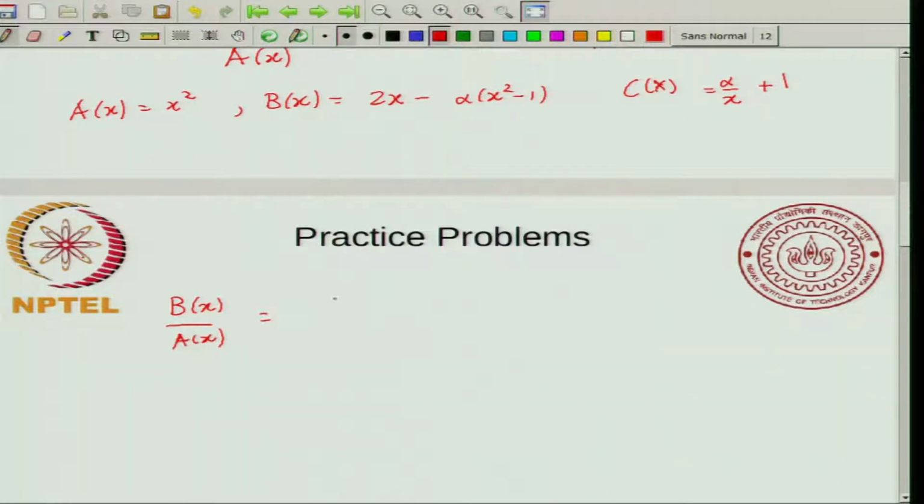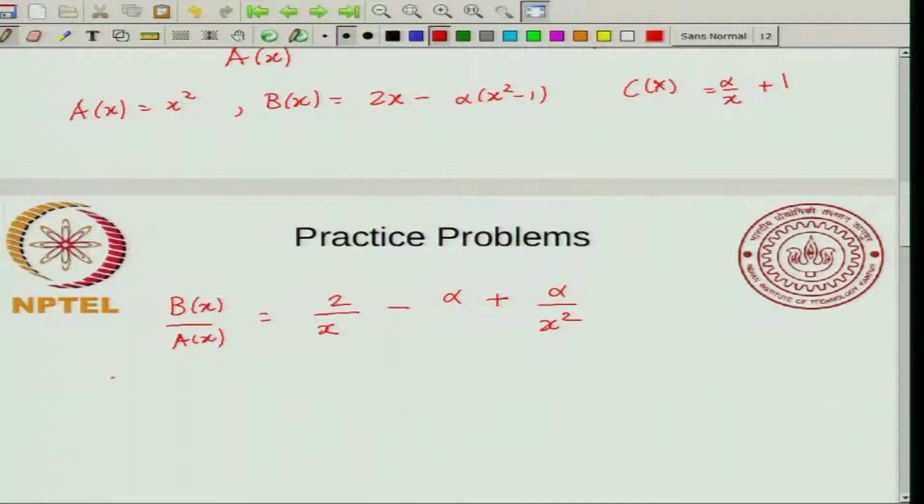That is equal to 2 by x minus alpha plus alpha divided by x square. So you have three terms. I just opened the alpha times (x square minus 1) and divided by x square, and I got these three terms. Now I deliberately wrote this in this form, and you can immediately see the advantage of this.